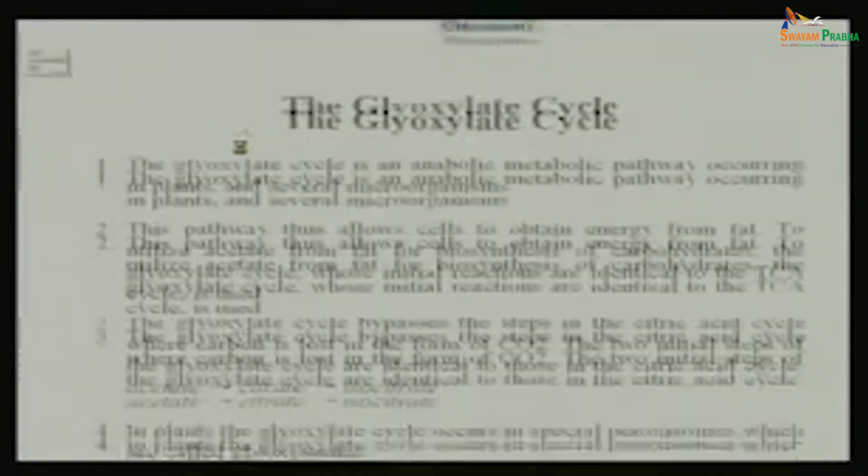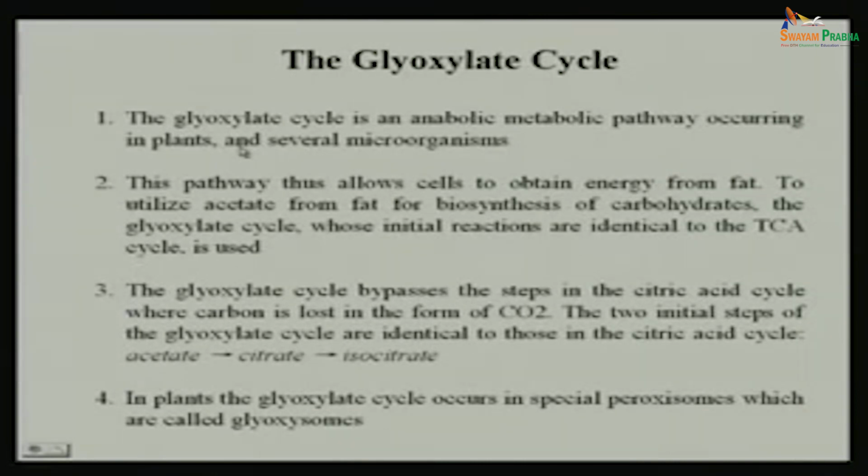And in this way, when we see this pathway, we can find that the glycolytic process, TCA cycle, urea cycle, glyoxylate pathway, gluconeogenesis, and all these pathways going on simultaneously inside the cell play a significant role.